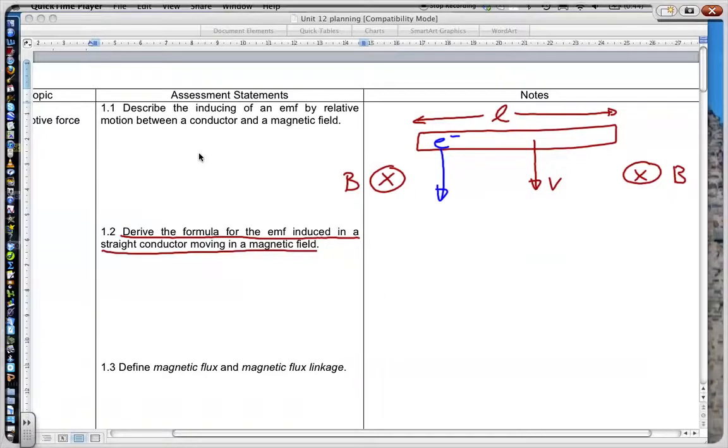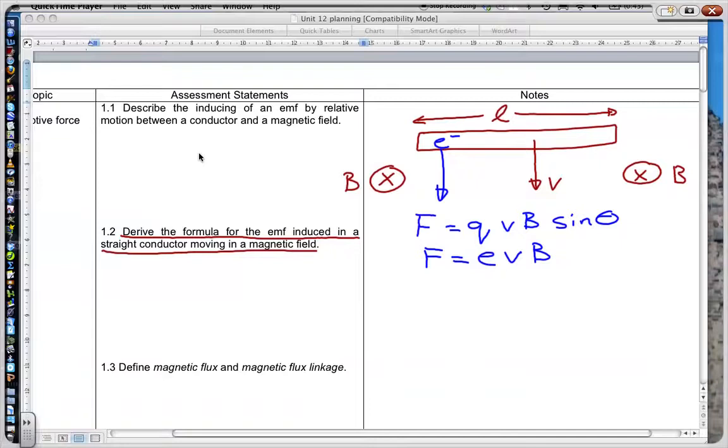Now, the formula that we have for this is F is equal to QVB sine of theta, where Q is the charge, and in this case it's an electron, so it's got the charge on an electron, 1.6 times 10 to the negative 19 coulombs, times the velocity times the strength of the magnetic field.